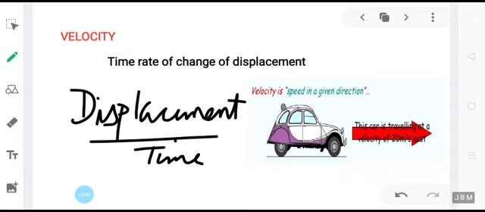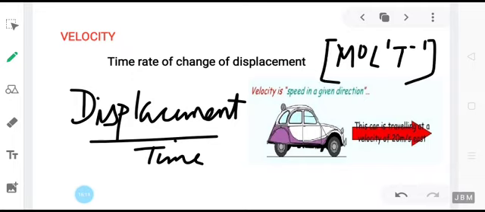Velocity is a vector quantity as it has both the magnitude, that is the speed, and direction. The velocity of an object can be positive, 0 and negative according as its displacement is positive, 0 or negative. The unit of velocity in SI system is meter per second, and the dimensional formula of velocity is the same as that of speed.